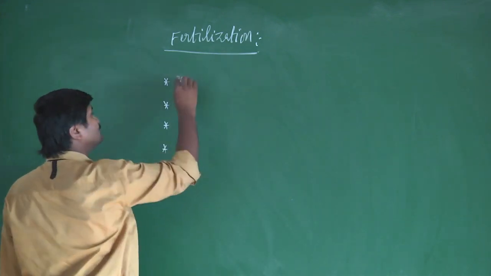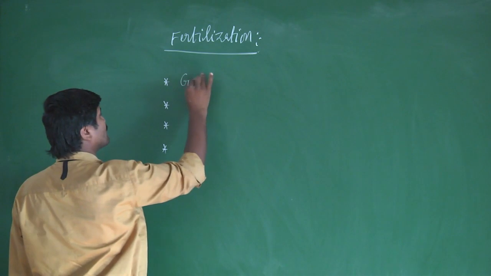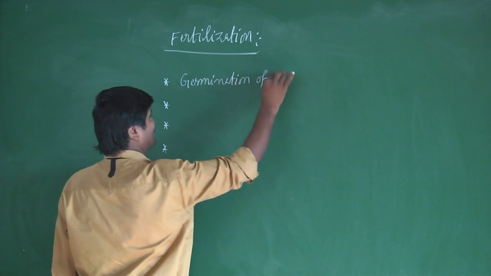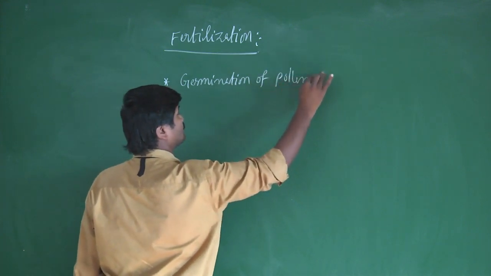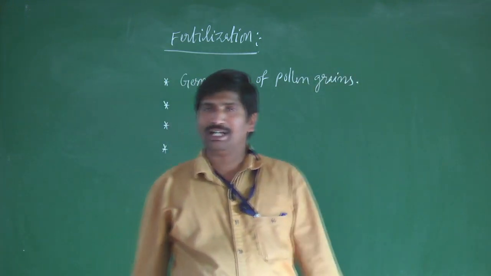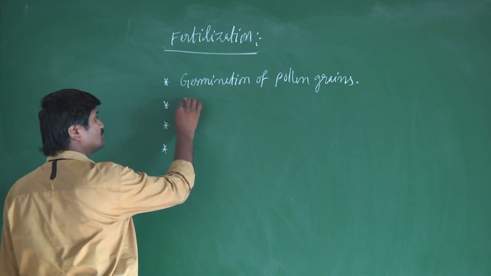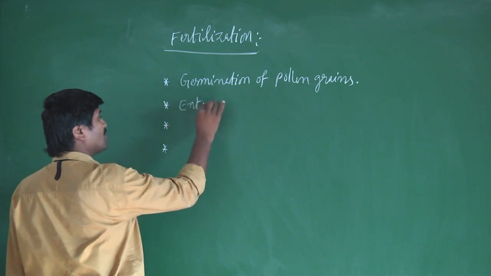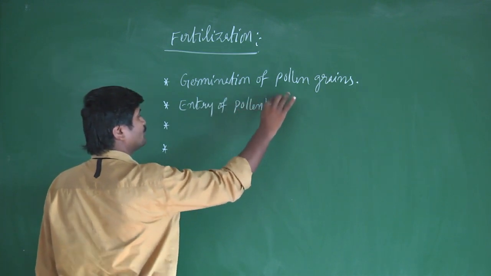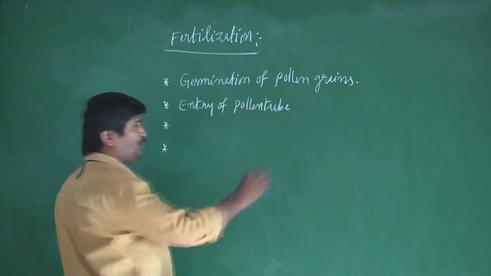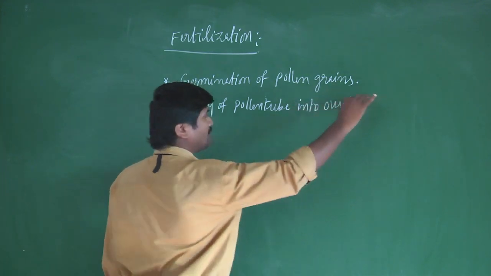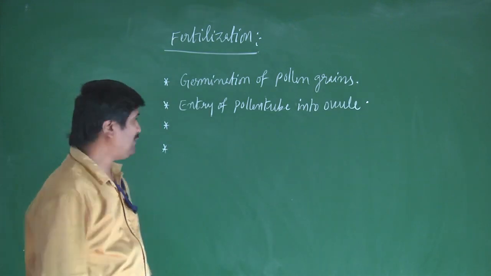First one is germination of pollen grains. Second one, entry of pollen tube into ovule.